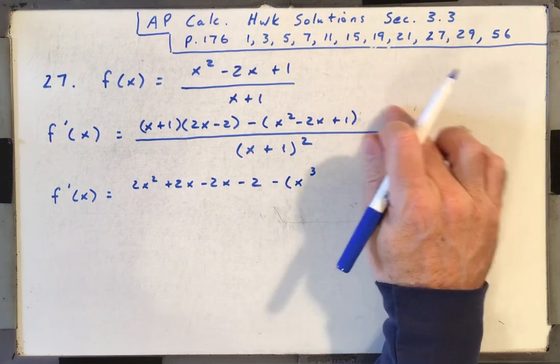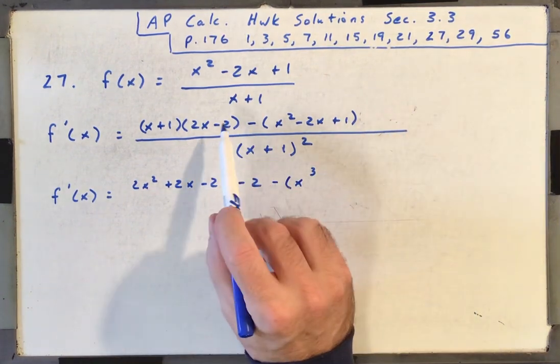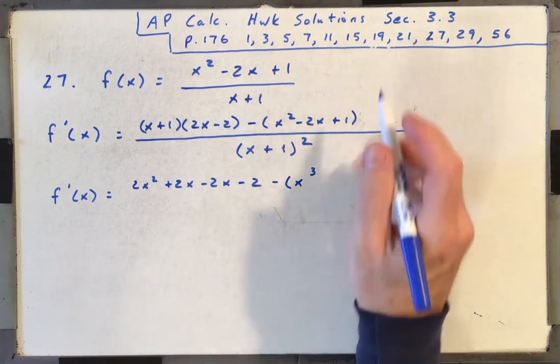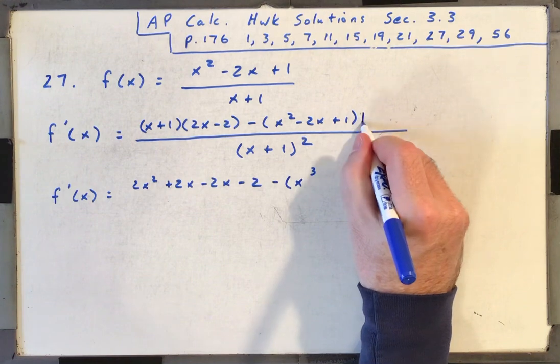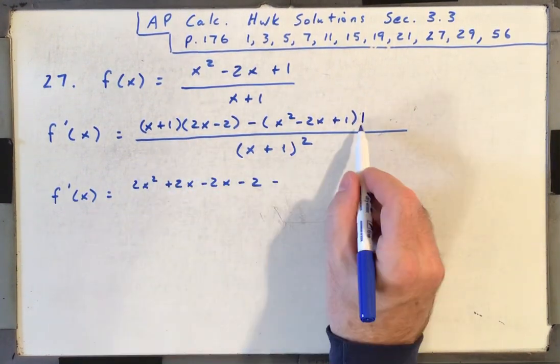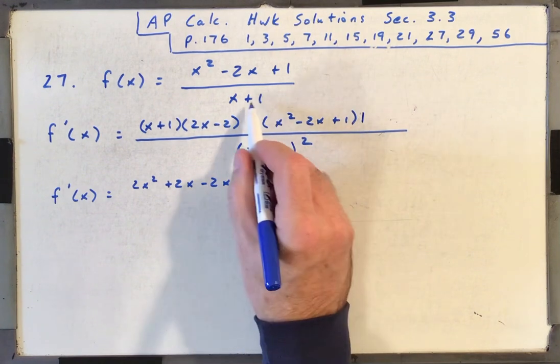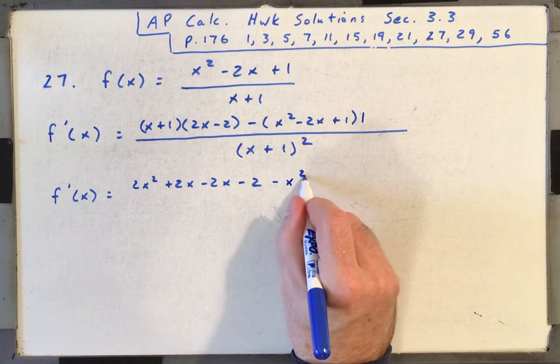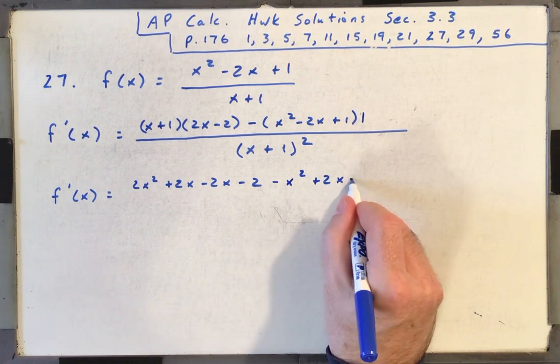The bottom times the derivative of the top minus the top times the derivative of the bottom is just 1. That does make this a little bit easier. So I did FOIL out this over here, but I accidentally rewrote x plus 1 there. So sorry about that. So minus x squared plus 2x minus 1.